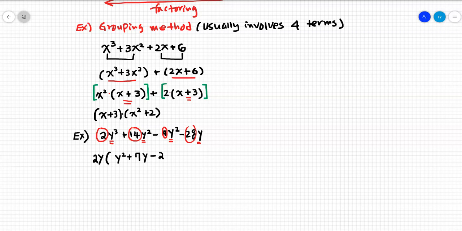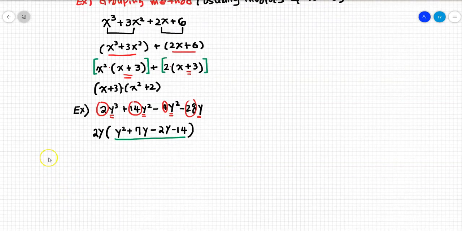And you took y from y squared, so that just gives you y. Okay. Let's look at the last one. You got 28, so if you take out the 2, that should give you minus 14. You took out the y, so you no longer have y. Okay. Now from here, we're going to have to use the grouping method. Okay, so let me go over here.